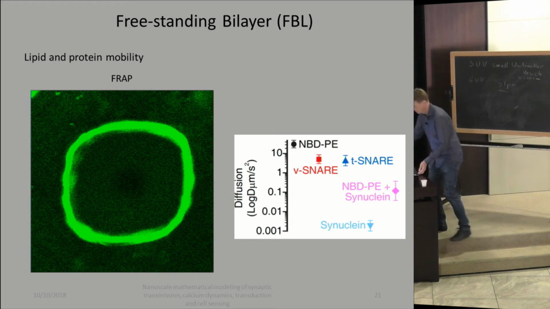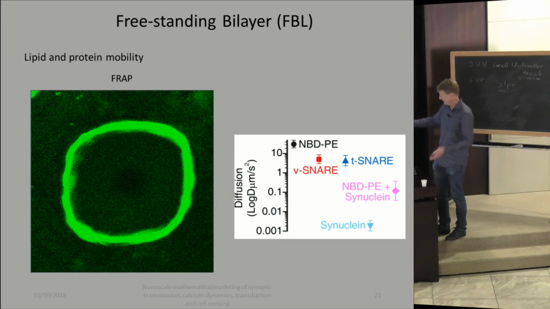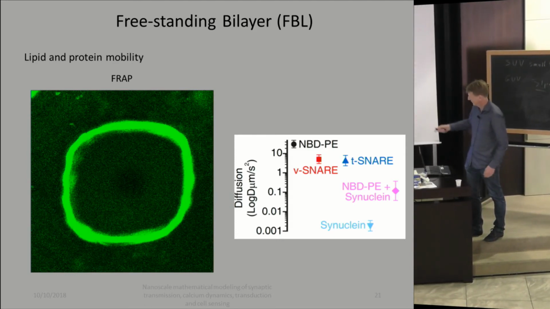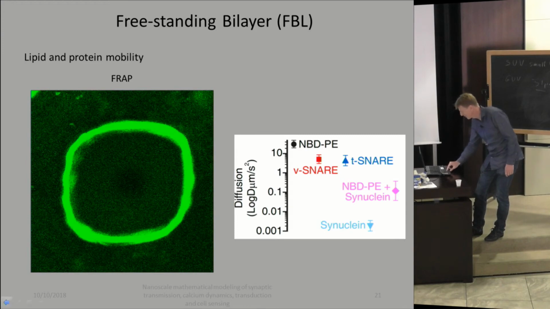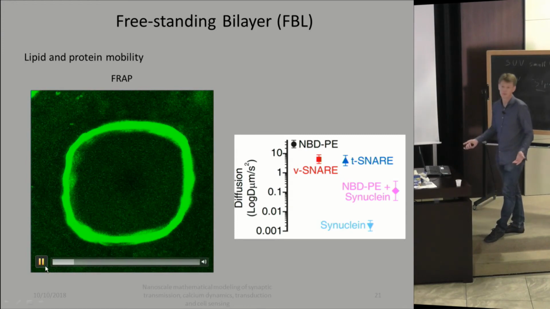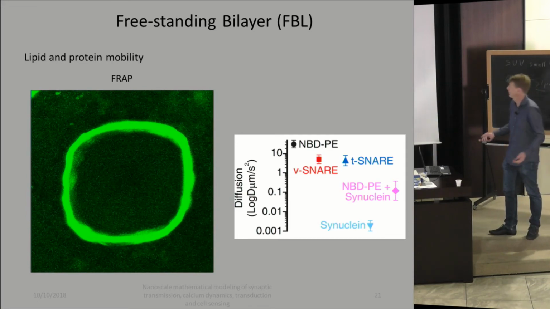I mean, here you see it. Whoever wants to come can see it here. So it's slightly darker here, and when you continue, it recovers very quickly. Of course, there's no reason for it not to recover. There's nothing on each side.